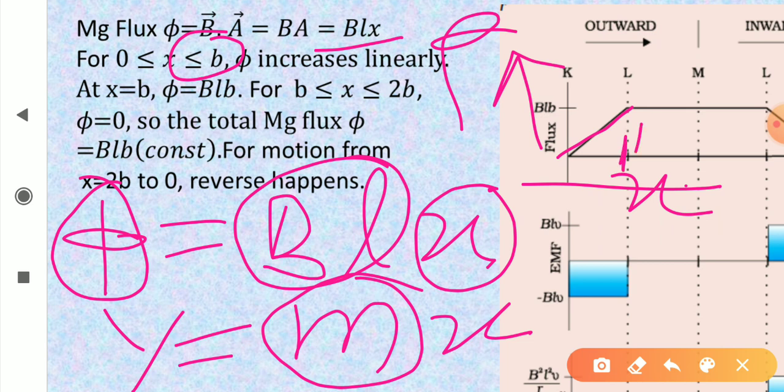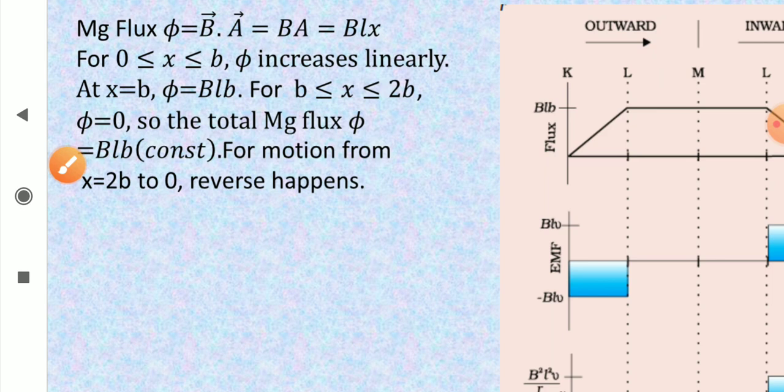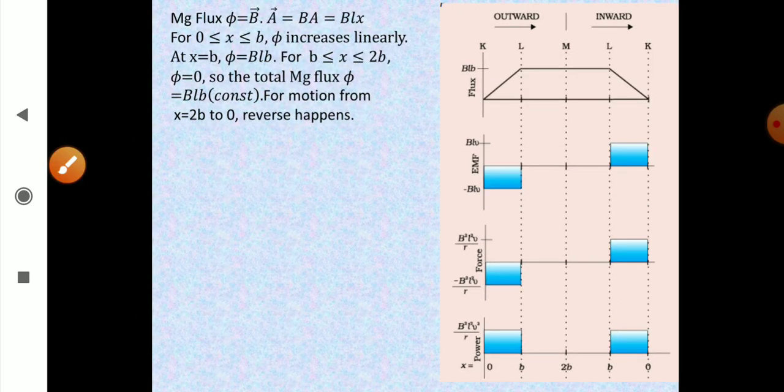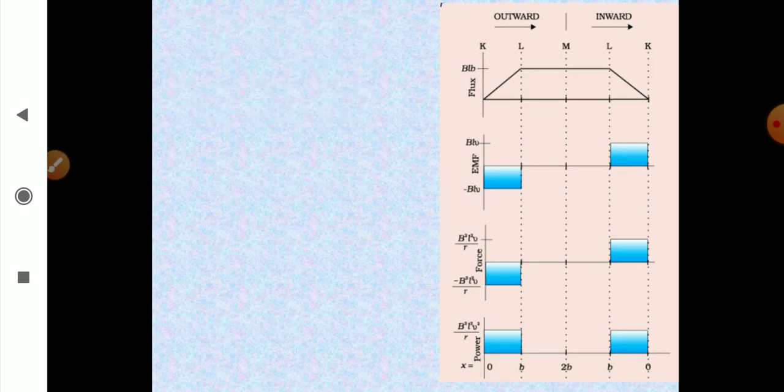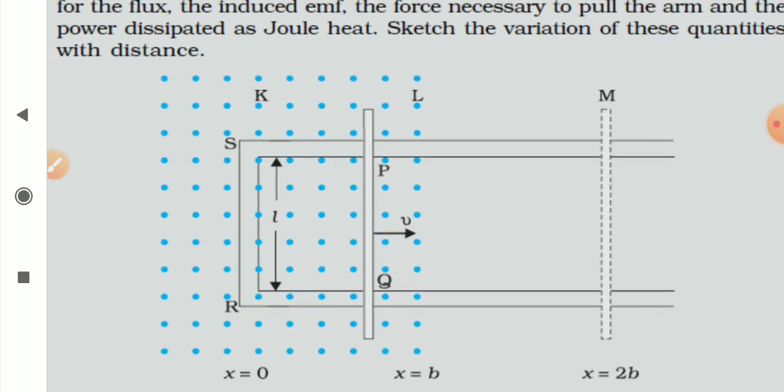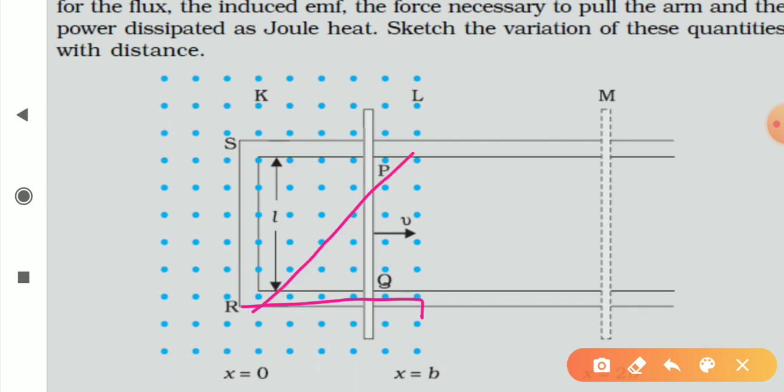This point is b. Now after this, what is happening? Let's get back to it. From here to here, the flux is increasing linearly like this. But after this, for this part, the flux is 0.